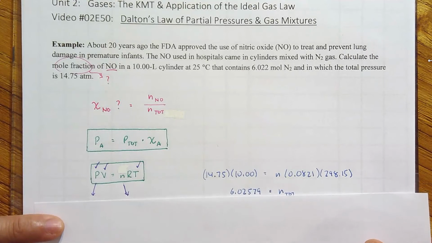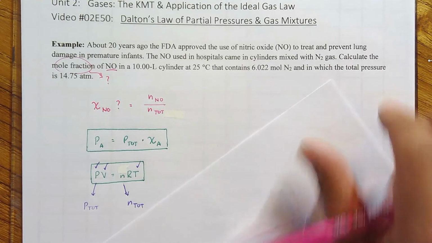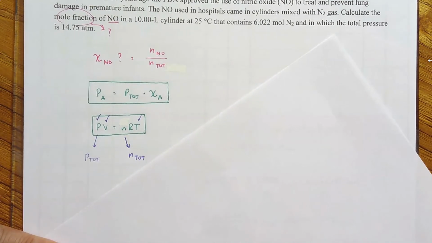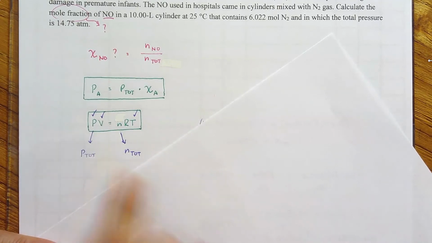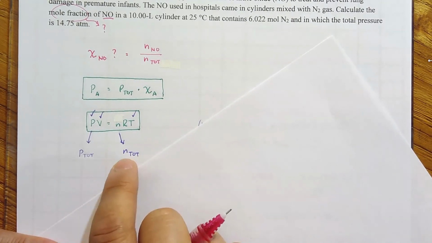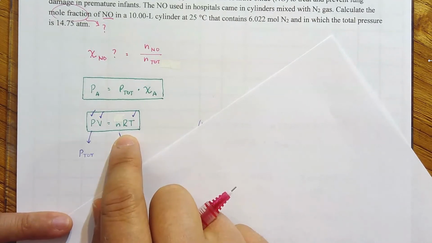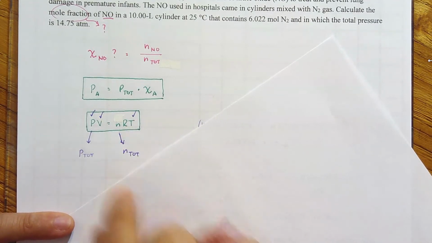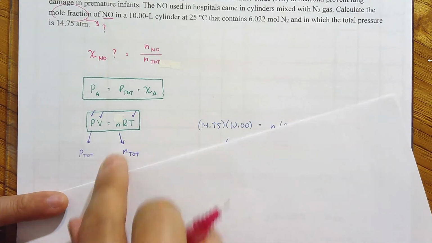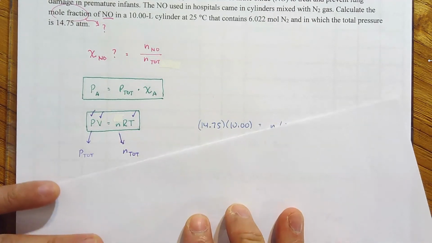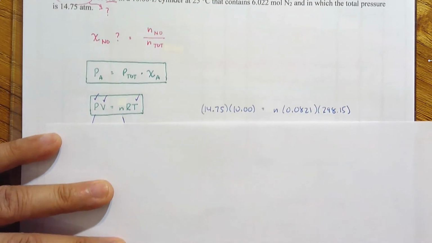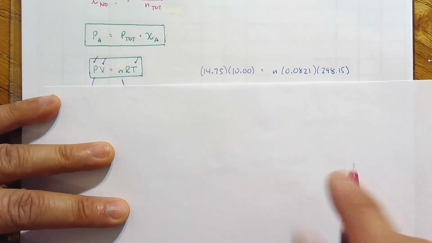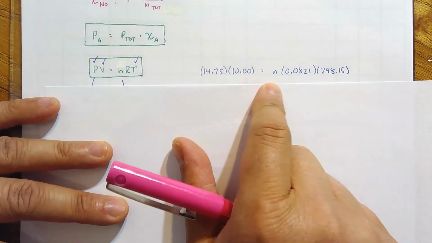Look at what we have so far: the total pressure, the volume, 10.00 liters, we don't know the n total, we know R, and we have the temperature. I don't like to rearrange the equation first. I like to plug in the numbers first, then simplify the terms and rearrange the equation if I need to. So this is quite simple.